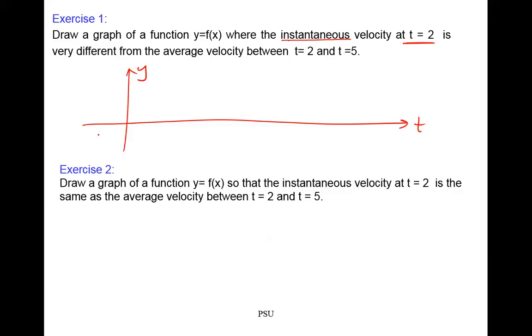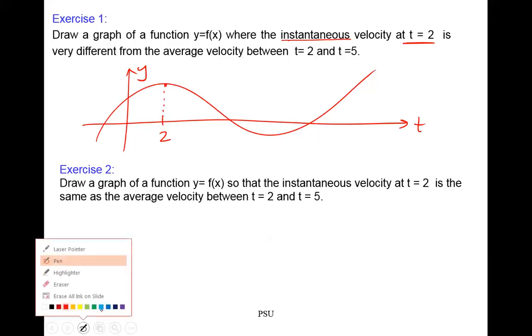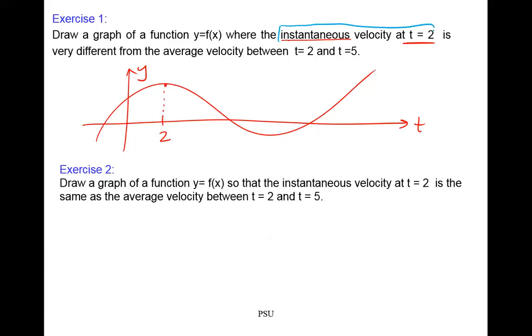So I can draw any function, let's say something like that, and I can pick the point 2 here, and indicating instantaneous velocity at 2, I have to draw just the tangent. Do you know what's the slope of the horizontal line? Because accidentally, I got a horizontal line. It's 0. That means I can say the instantaneous velocity is 0 at 2.